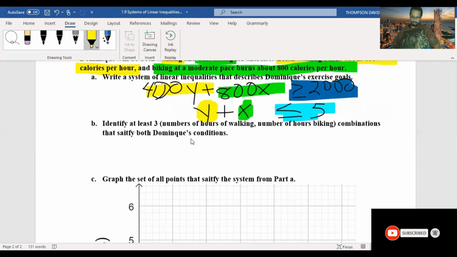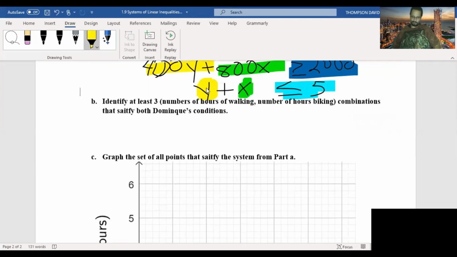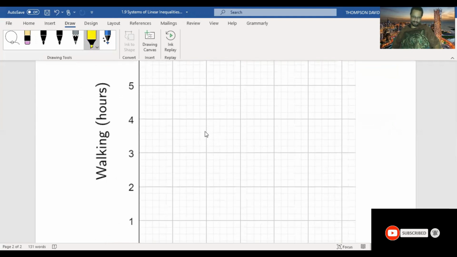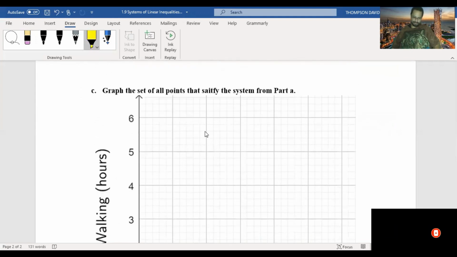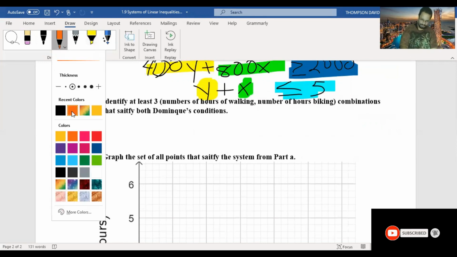Before we identify the points that work, let's first graph. To graph y plus x equals 5, the y-intercept is y equals 5, and for our x-intercept, x is 5. Let's do that line in orange.